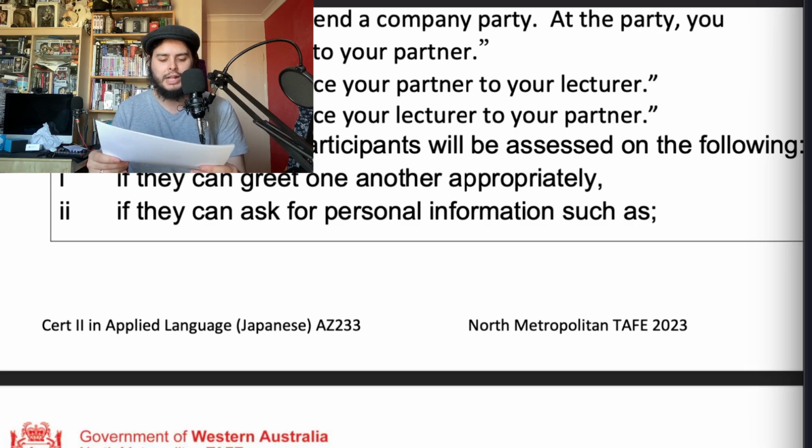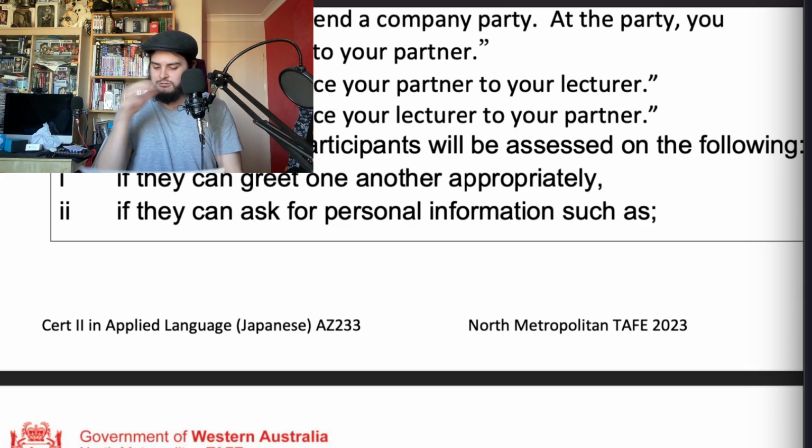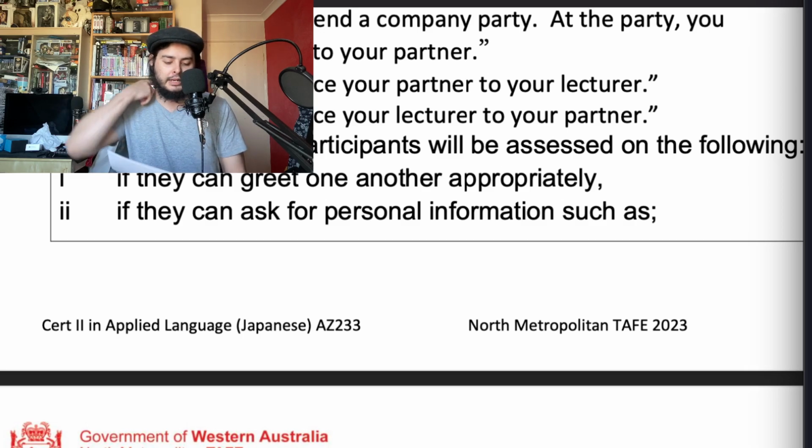But I did say hajimemashite, watashi wa Zachary desu, dozo yoroshiku. And I love the word dozo yoroshiku. So even though I made a little mistake there, I am still somewhat able to provide the correct information as long as I don't make that mistake. It's something I know I can do.